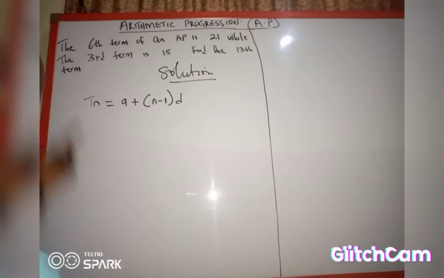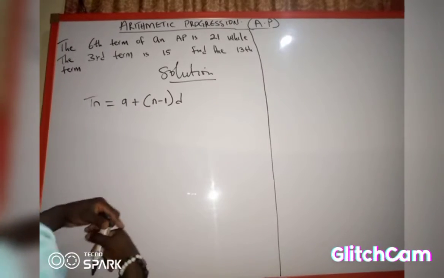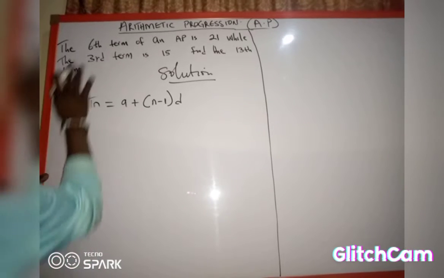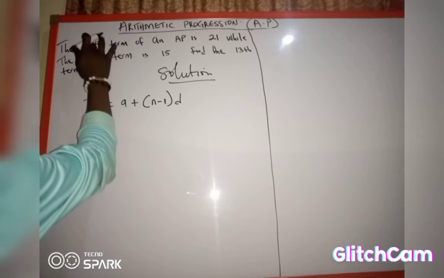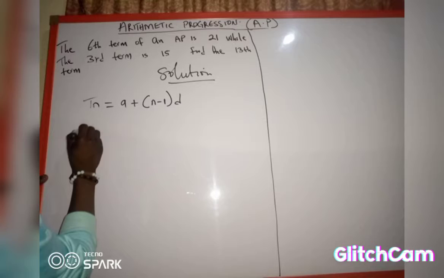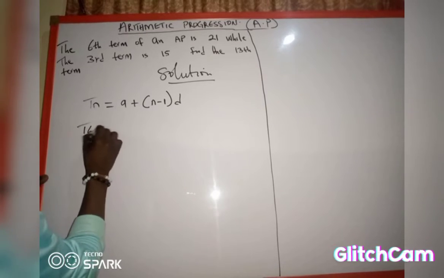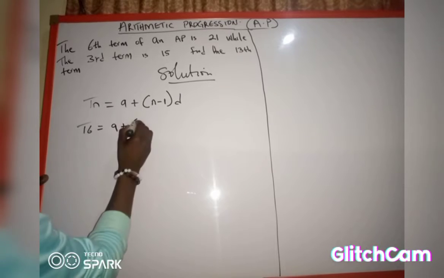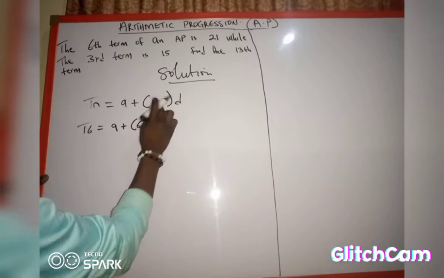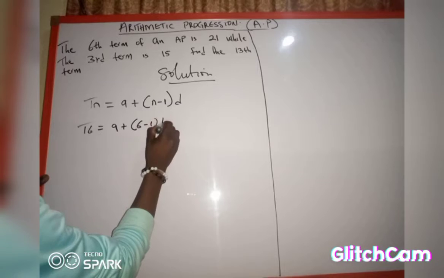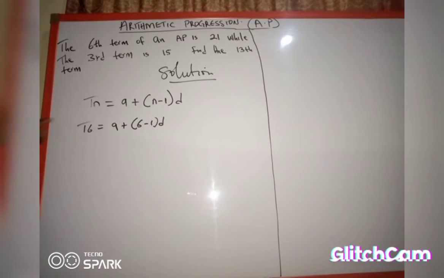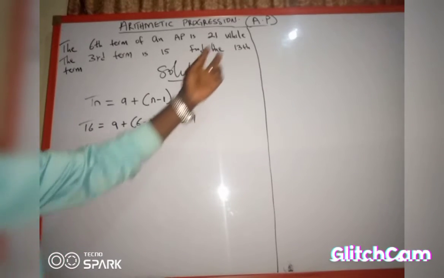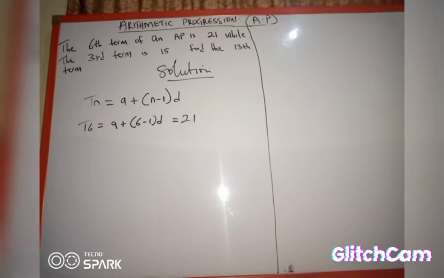So from here now we can bring out the data from this question. The sixth term of an AP is 21. So I can say this is term n, and my n here is 6. So I can say T6 equal to A plus open bracket 6 minus 1, this one is constant, then d, equals 21.